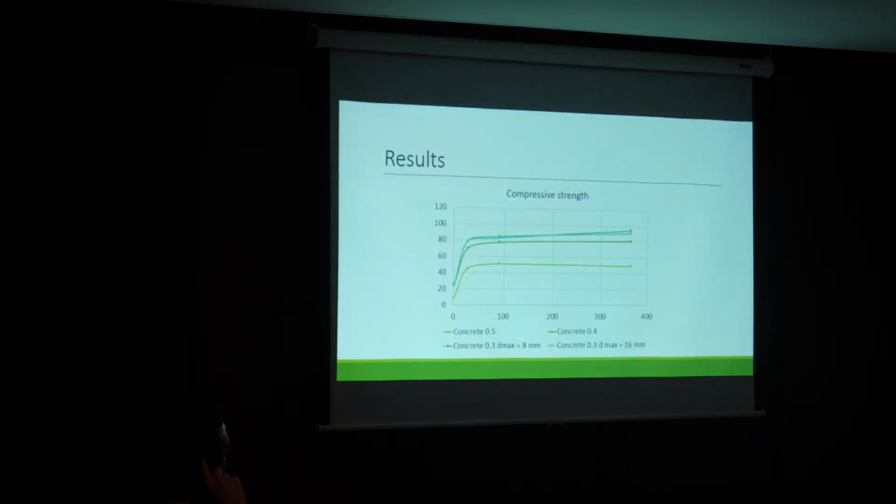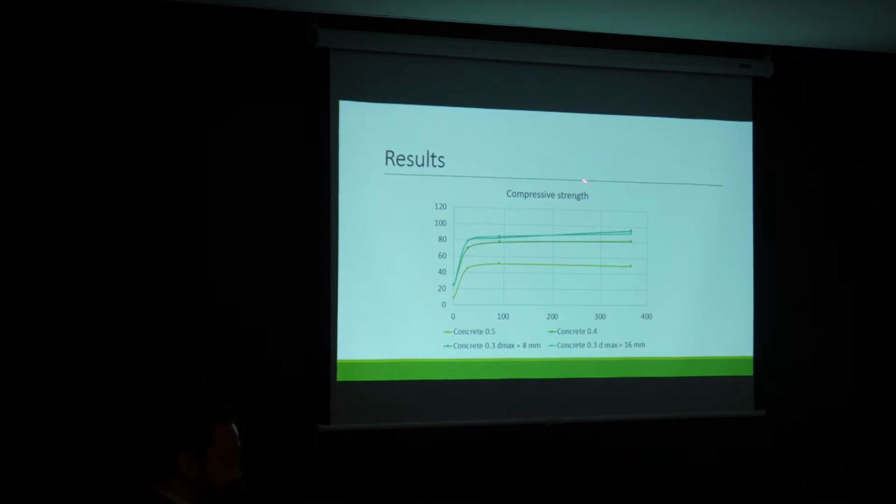Okay, here it is better to introduce this result. I selected the compressive strength, and you can see that from the first day, 28 days, and then it slowly increases or decreases, and in time it is very stabilized. You see that for water cement ratio 0.5 it is in the bottom part, and for 0.3 it is the upper part, and it is almost independent of the size of the aggregate, 8 millimeters and 16 millimeters.